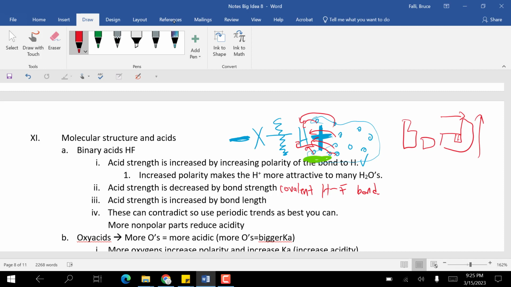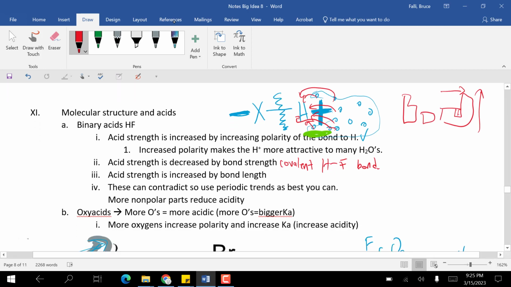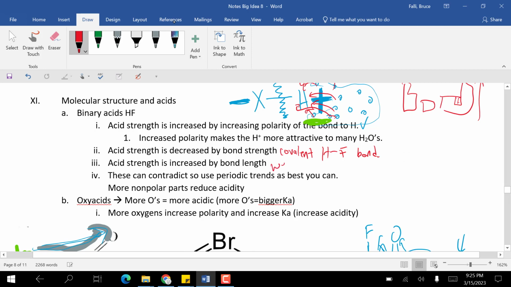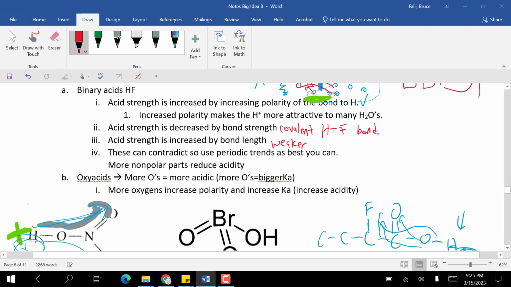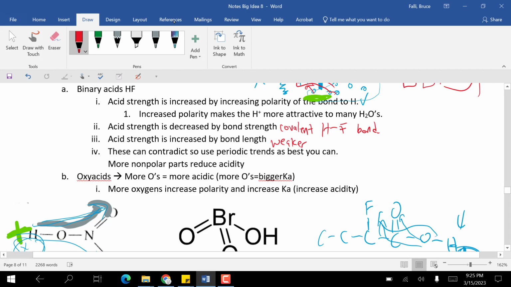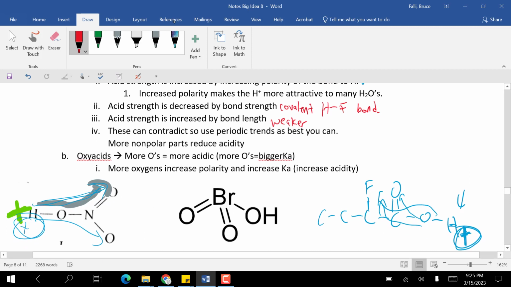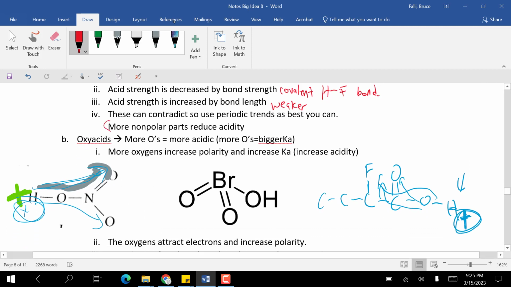Acid strength is increased by bond length, meaning a longer bond makes it weaker. So you go back to those trends of the periodic table. These can contradict, so use periodic trends as best you can. Also, more nonpolar parts reduce acidity. What's a nonpolar part? Nonpolar parts are C's and H's.